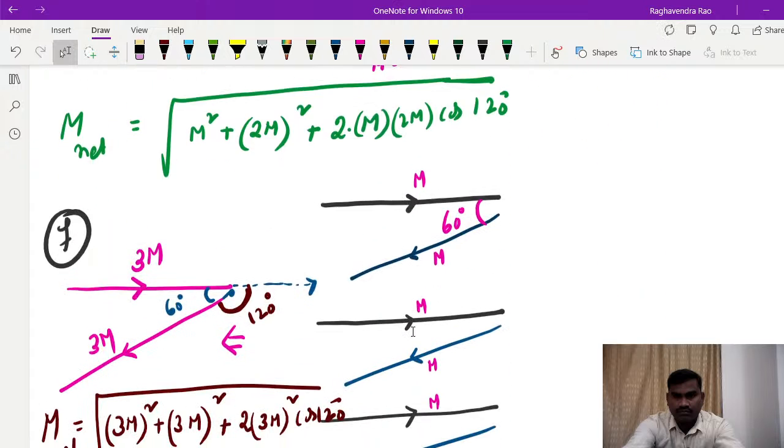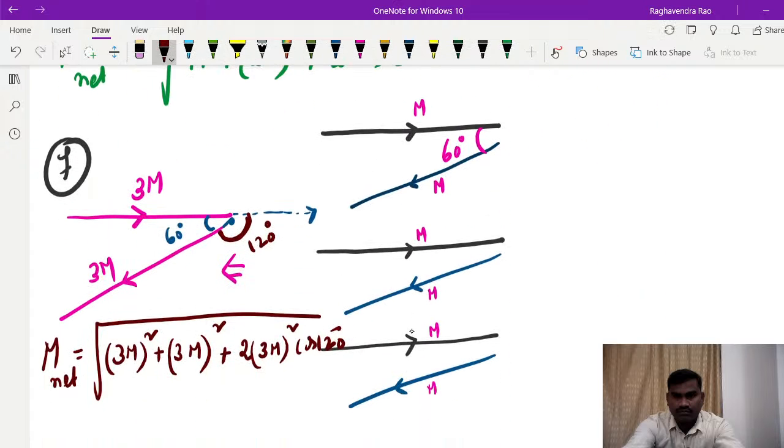In the same way, we need to add the magnetic moments of all these. When all are in the same direction, the same directed magnetic moments we can add directly. So 3m is acting like this, and if the third magnet is not there, it means m, 3m, m and m, 2m. So m and 2m are at 120 degree.